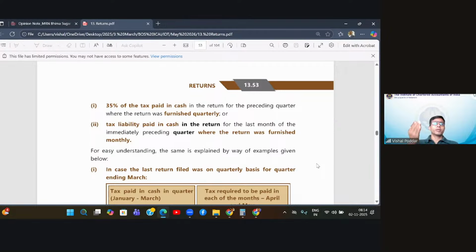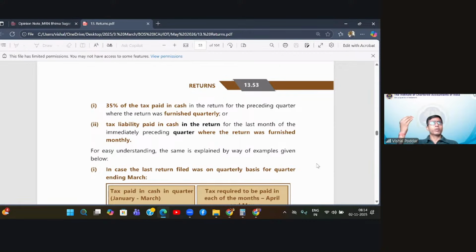Second, if your last period was a month, say in the previous financial year you were filing returns monthly, or even in the current financial year, even though your turnover is below 5 crores, you have continued filing returns monthly and now you are switching to quarterly.